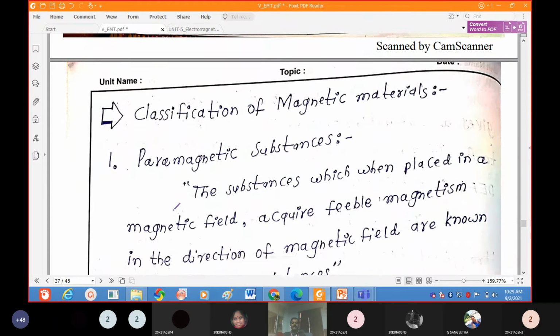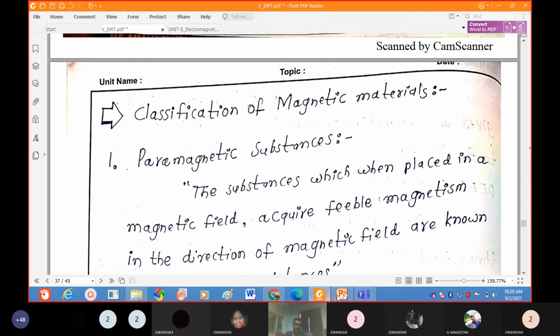Now coming to the classification of magnetic materials. There are several types of magnetic materials: paramagnetic materials, diamagnetic materials, ferromagnetic materials. For some more, there are also antiferromagnetic materials and ferrimagnetic materials.